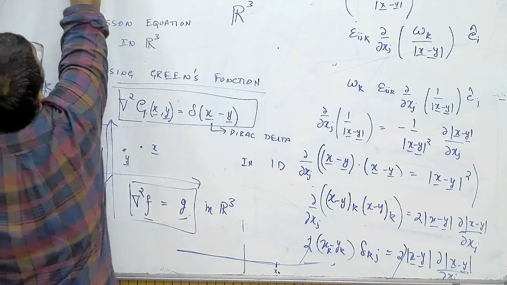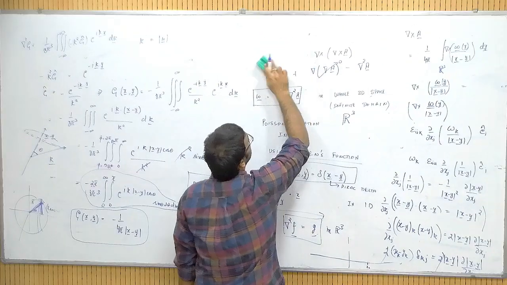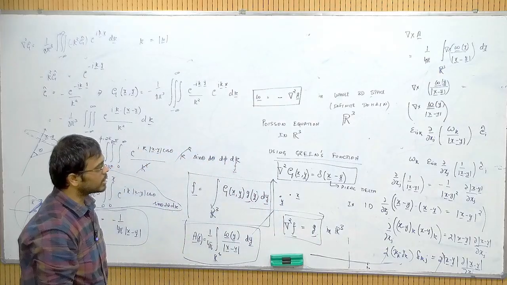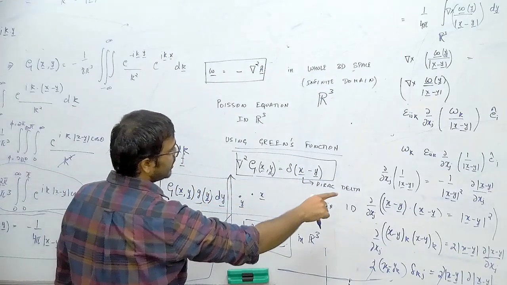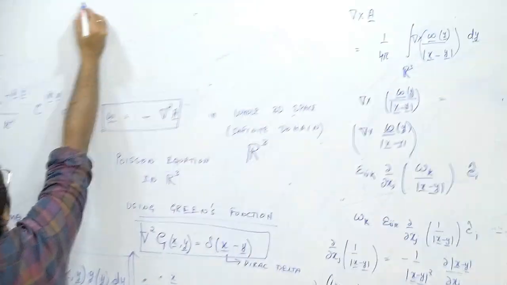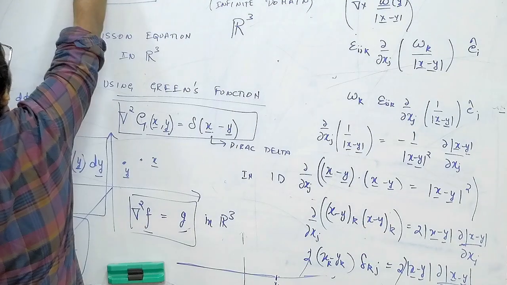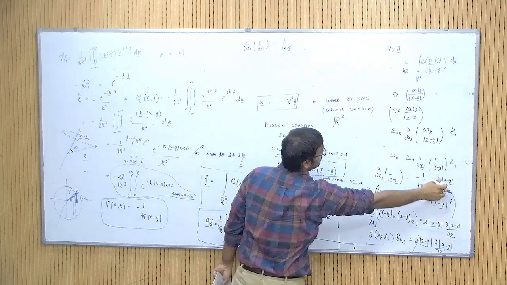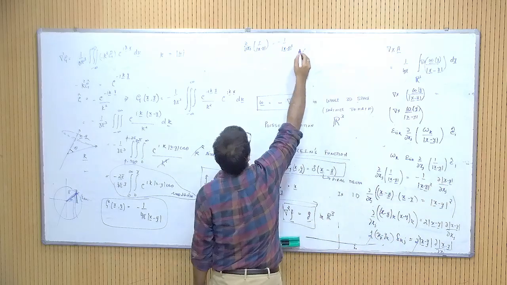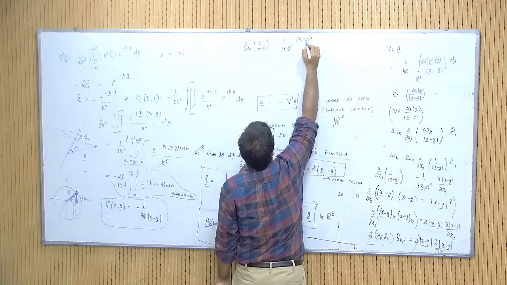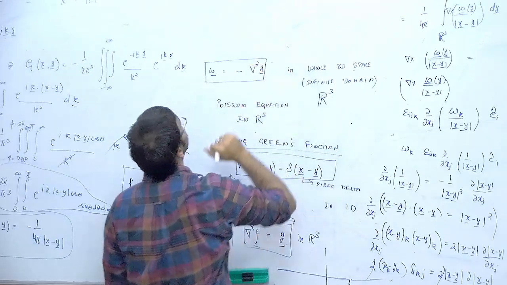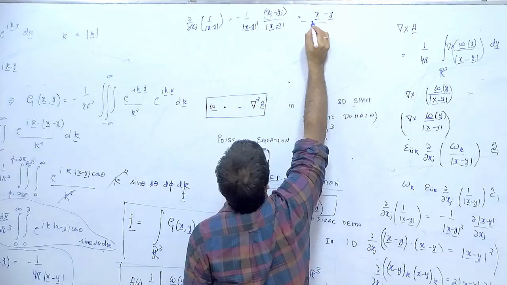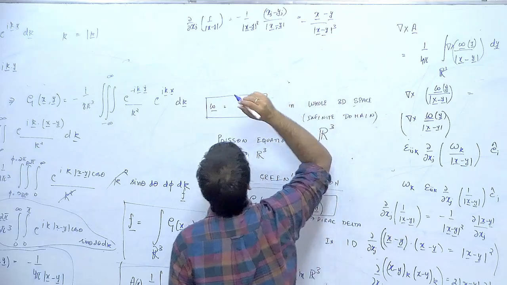Just a couple of steps of algebra more, and then we will reach an equation which is very intuitive. We had to do all of this algebra to reach a result, and that result is very intuitive actually. So del by del x j of 1 by mod x minus y is minus x j minus y j over mod x minus y cube, that is, x minus y vector over mod x minus y cube with a minus sign.